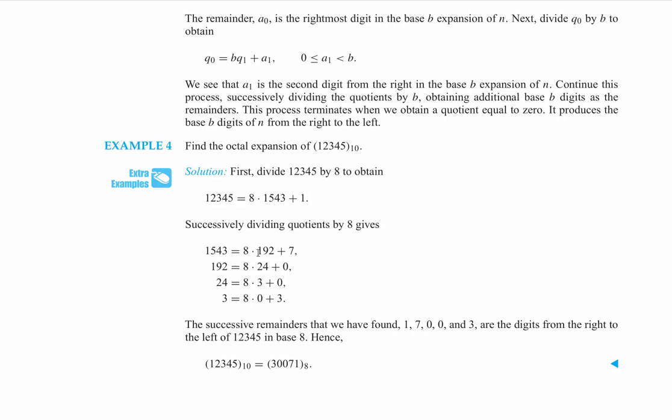Then divide the quotient by 8, new remainder. Keep going until the quotient is 0. And then these remainders give the digits, the base 8 digits. The last remainder you get, that goes on the left. The first remainder goes on the right.